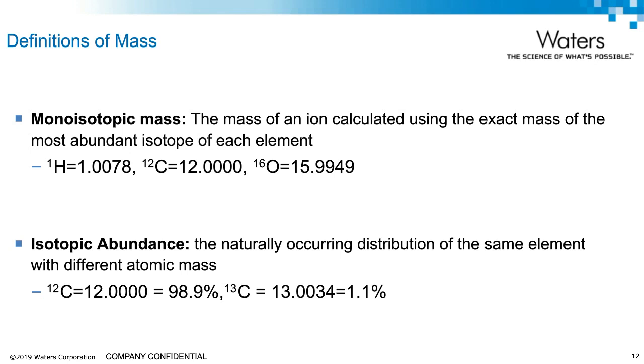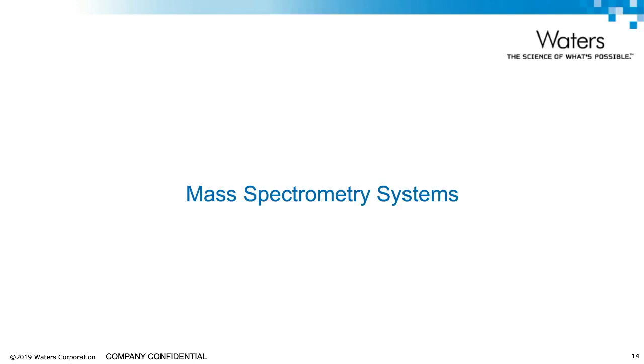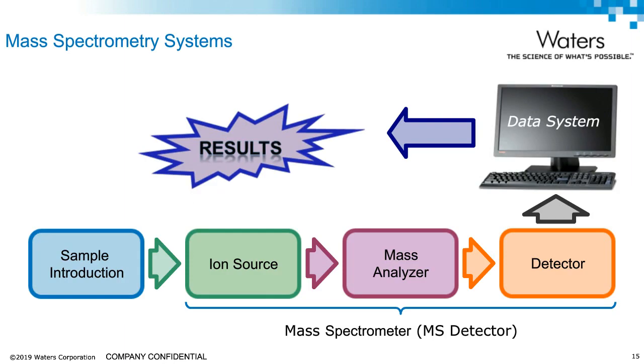Now that we've introduced mass spectrometry and defined some terms, let's look at the basic building blocks of a mass spectrometer. An MS system can be broken down into several parts. First, the sample introduction mechanism. Then, the mass spectrometer itself, which consists of the ion source, where the analytes are converted into gas phase ions, the mass analyzer, where ions are separated by their mass-to-charge ratio, and the detector, where the different mass-to-charge ratio ions are detected individually.